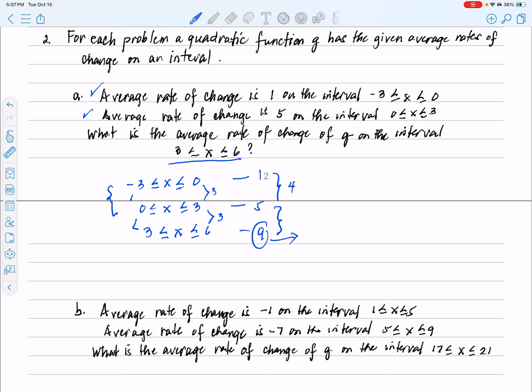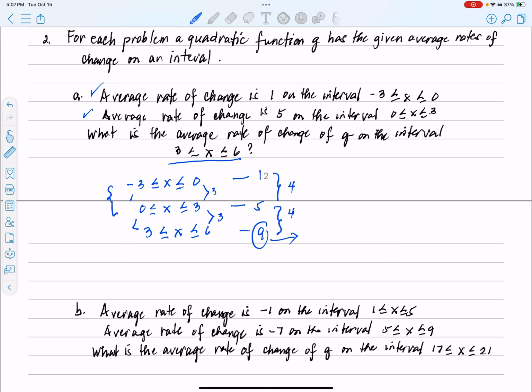By just looking at it, you can tell that the difference from 1 to 5 is 4, so from 5 to 9, because they have equal intervals, which is 3.